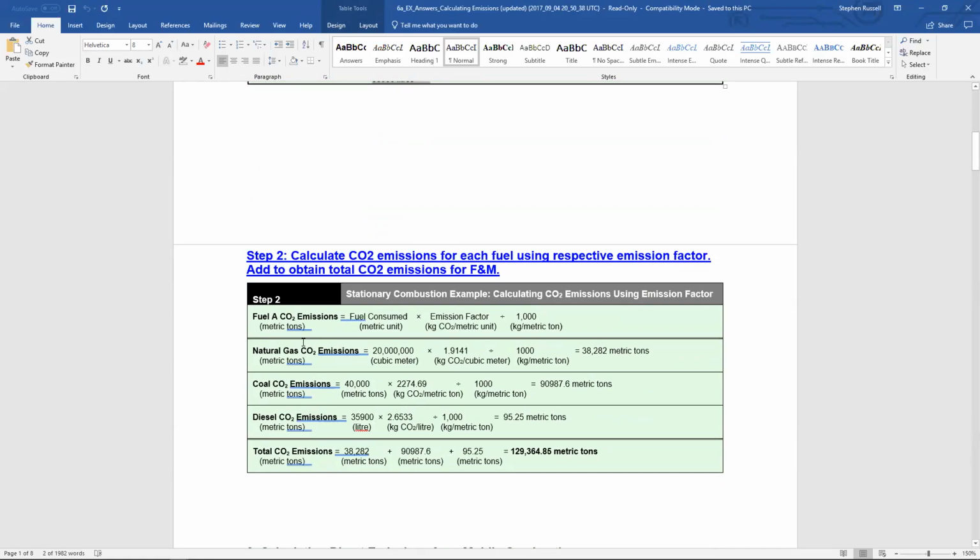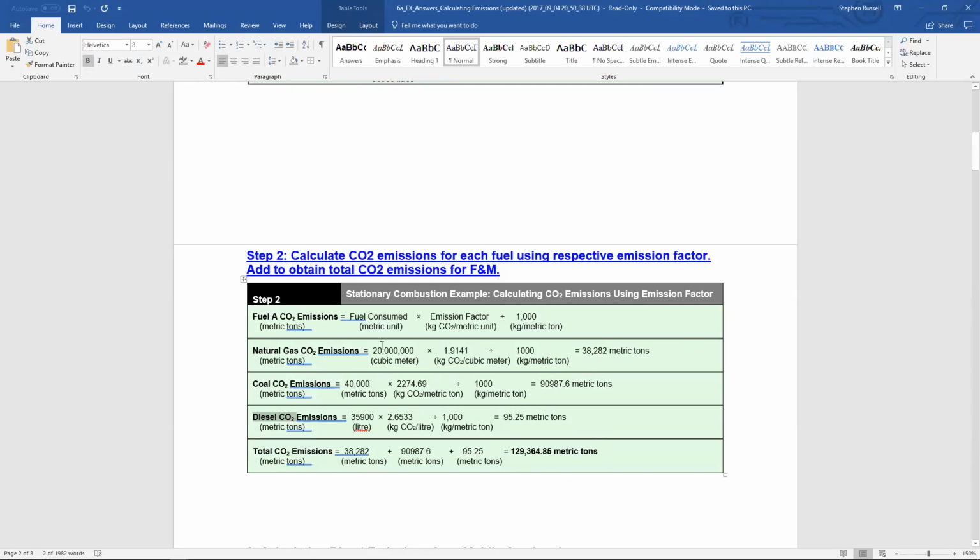So the CO2 emissions from natural gas consumption amounted to 38,282 tonnes. The emissions from coal use amounted to approximately 91,000 tonnes. And the emissions from diesel use amounted to 95 tonnes. Okay.